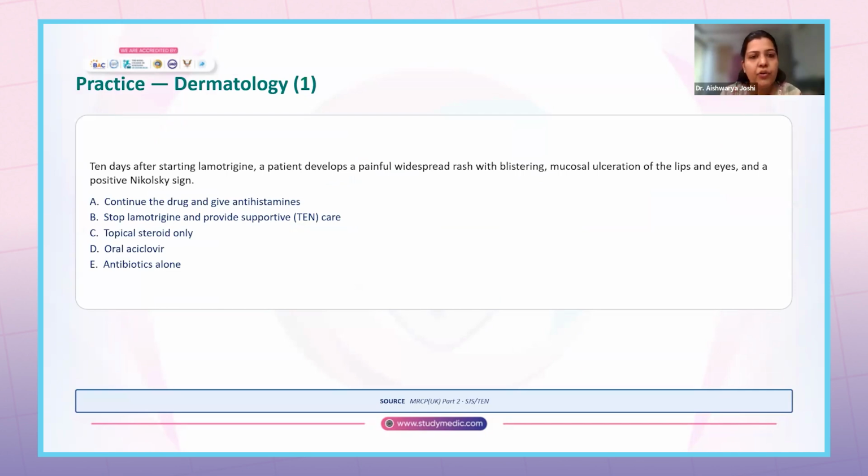Ten days after starting lamotrigine, a patient develops a painful widespread rash with blisters, mucosal ulceration of lip and eyes, and a positive Nikolsky sign. What is the treatment of choice?